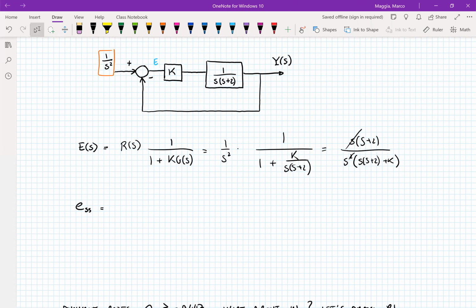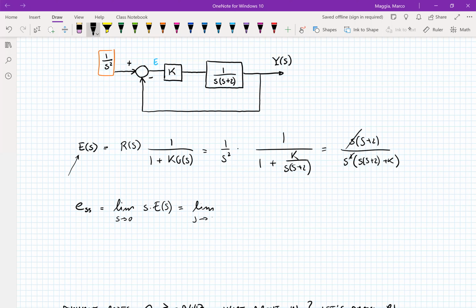And now, always assuming that the final value theorem is applicable, we can find the steady state error, that is the final value for the function E(s). So in the s domain, that is equal to the limit as s goes to 0 of s times E(s).